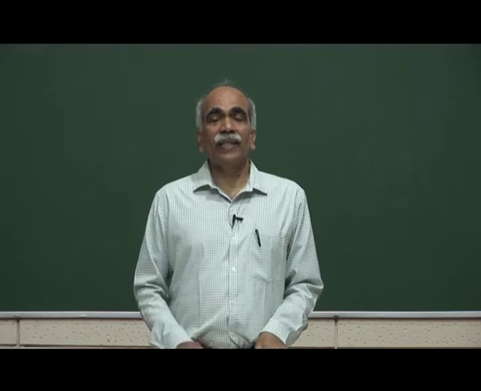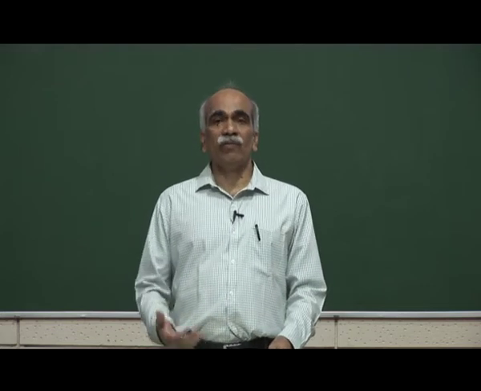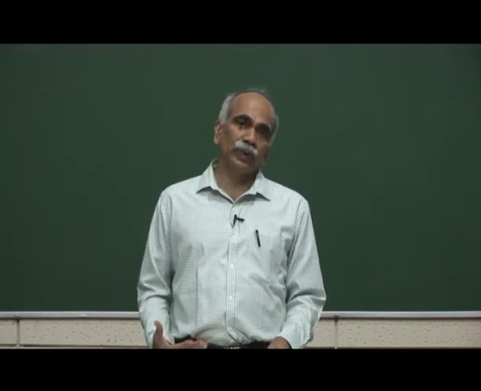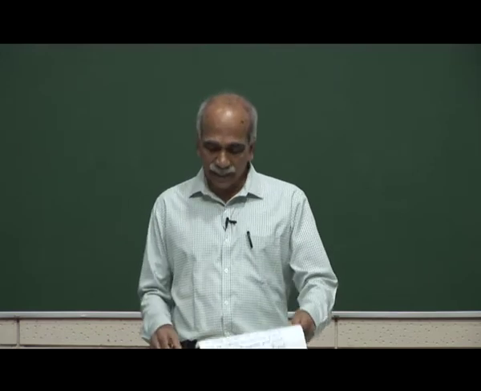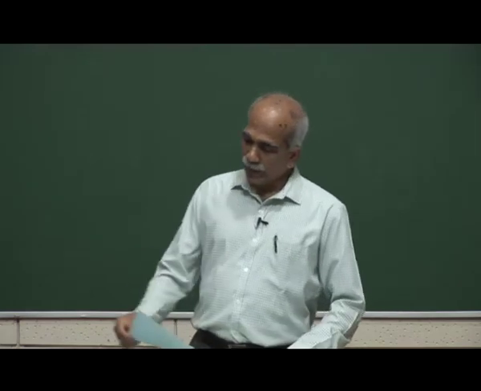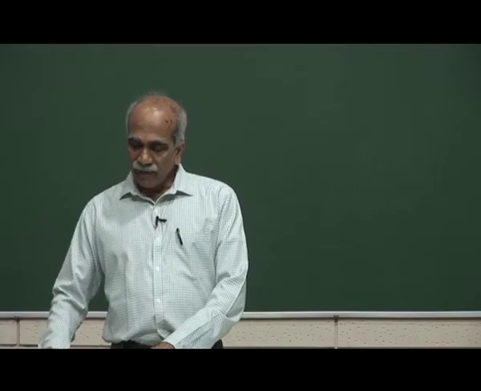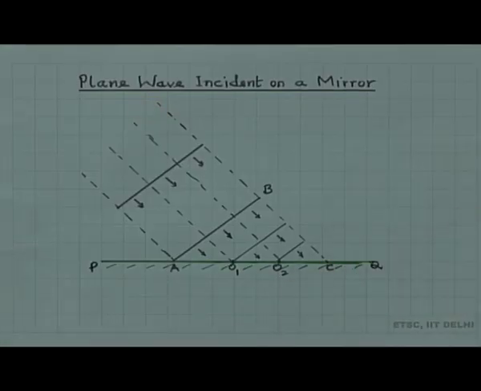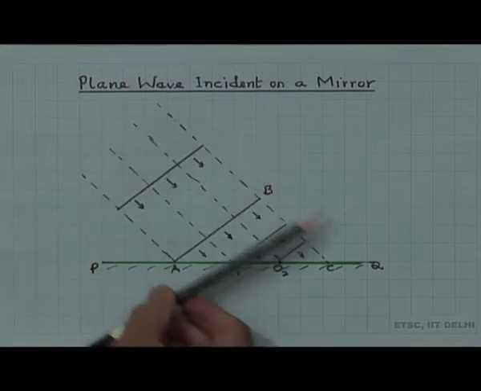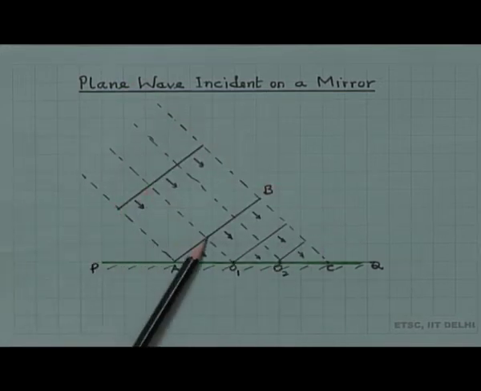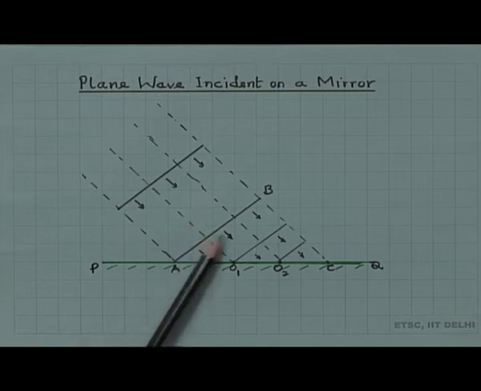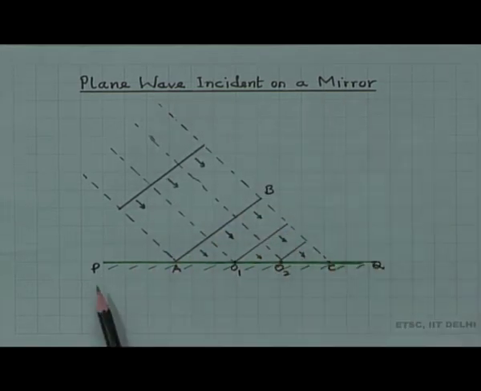So, let us explain the laws of reflection and refraction using Huygens principle as explained by Huygens. Here is a plane wave incident on a mirror. What is being shown is a beam of light which is incident here, and these are plane wavefronts, incident on a mirror.